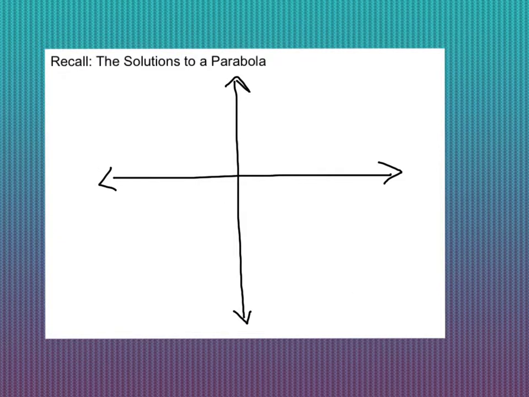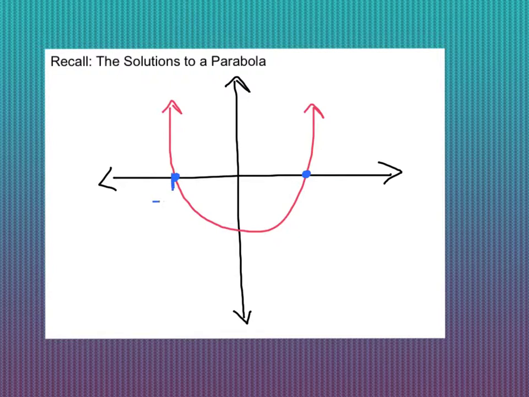For this section, we are now solving parabolas using a different method. We're going to solve by factoring. But I still want you to remember and recall the solutions to a parabola by looking at a graph. So let's take a look at a graph here of a quadratic equation. And I want you to remember that the solutions are the zeros of the function. So here and here. And let's give them numbers just for us to have a concrete example.